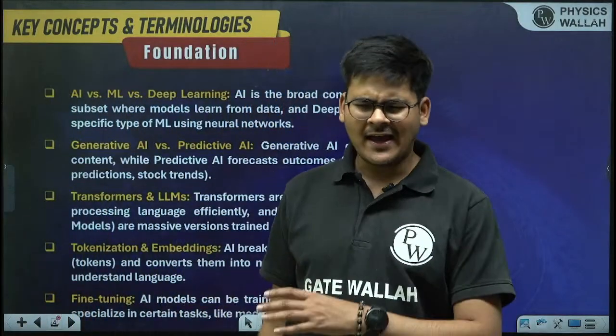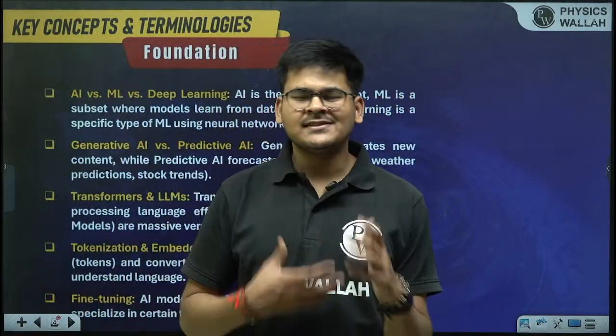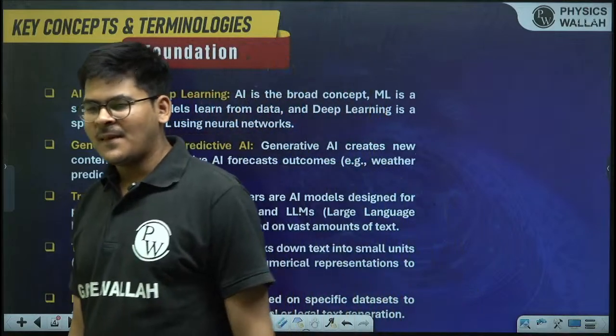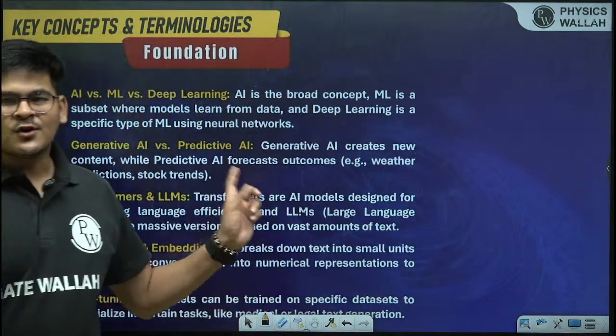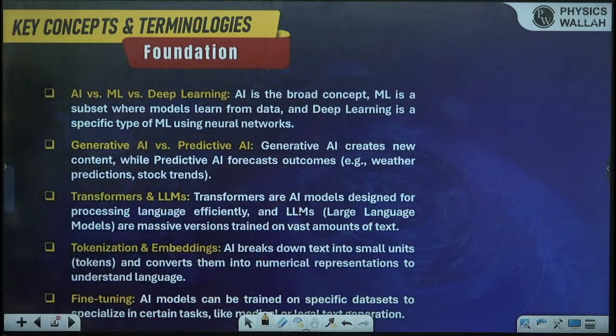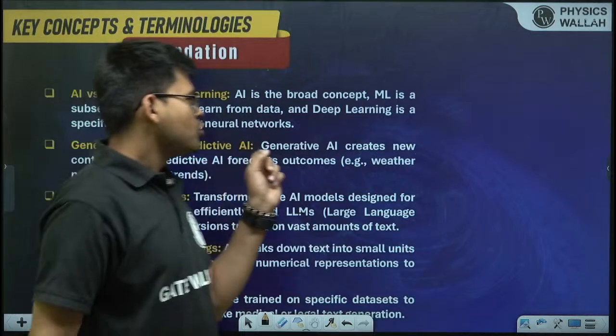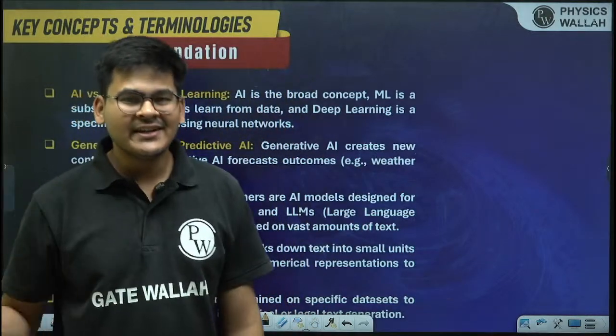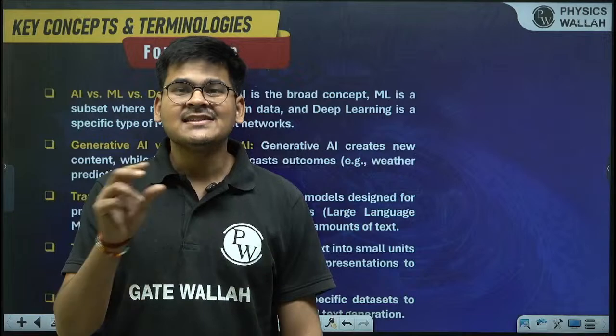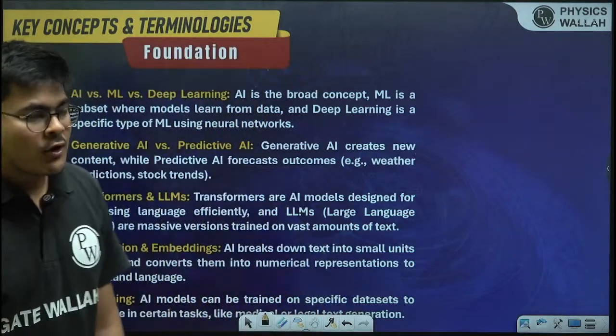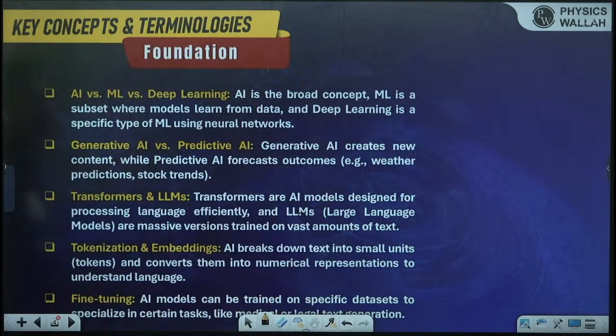You might have heard that stock prices can be predicted using machine learning. It is because of this reason. So generative AI is generating data. Predictive AI is helping you forecast or predict the data, the outcome.